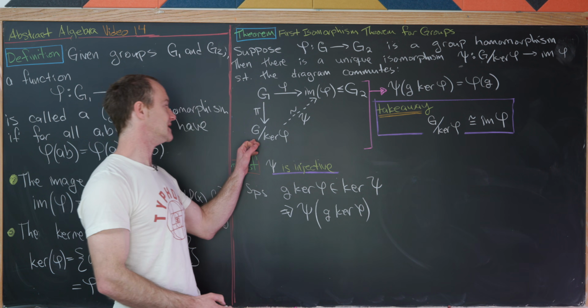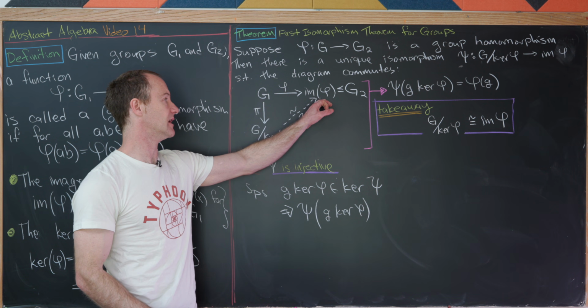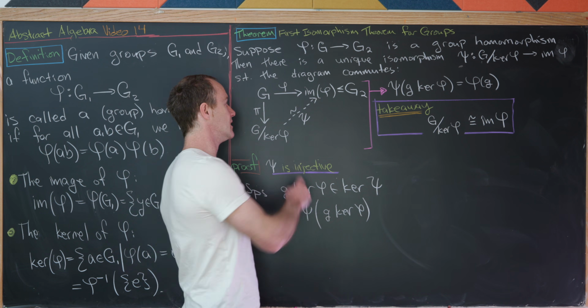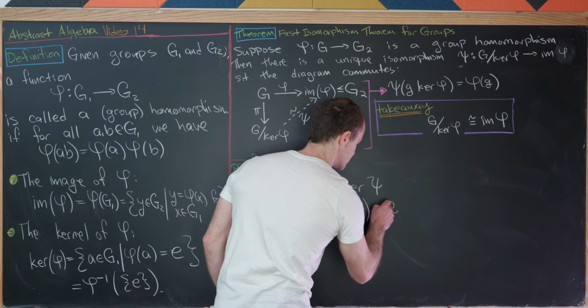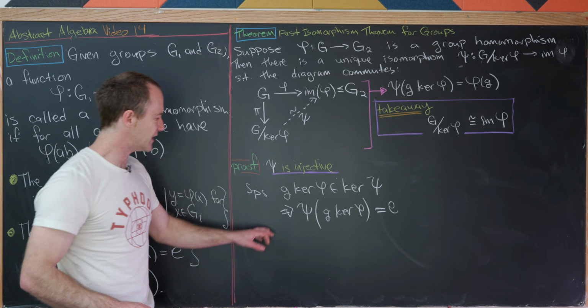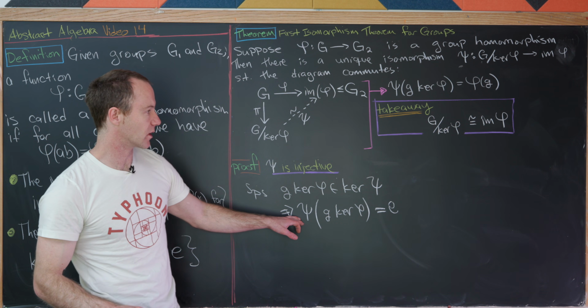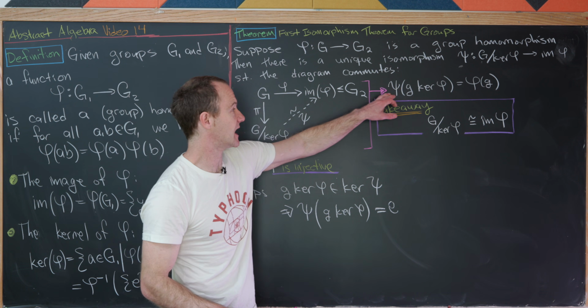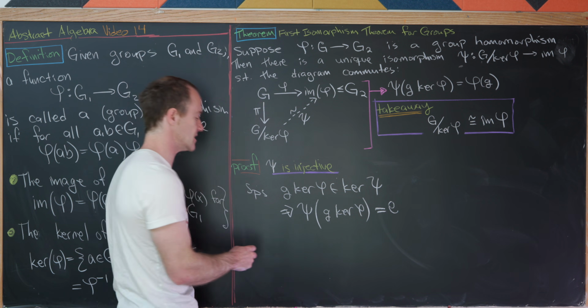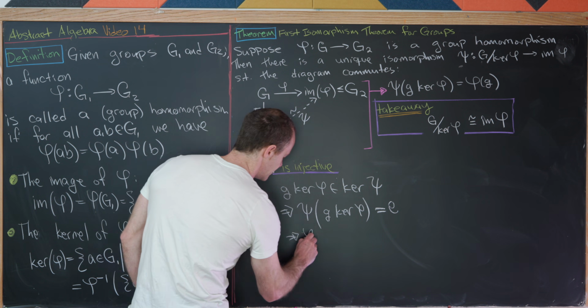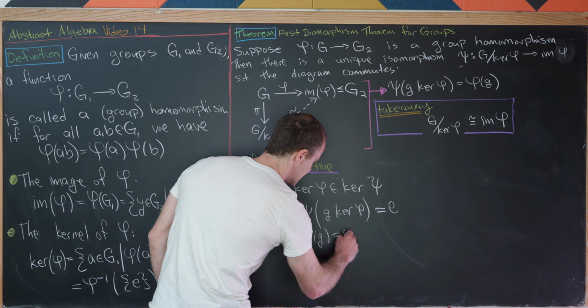We get the identity in the image of ψ, but the image of ψ is inside of G2, so we get that this is equal to the identity. But now we'll apply our rule for ψ. Notice ψ takes that coset to the corresponding image of φ. So this tells us that φ of g is equal to the identity.